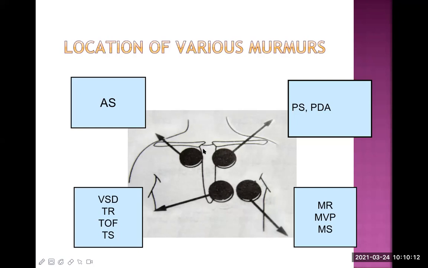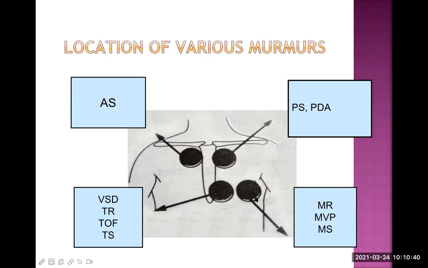The aortic area and pulmonary area are on the second intercostal space, on the left or the right. The pulmonary area is on the left of the sternum and the aortic area is on the right of the sternum, on the second intercostal space. Never forget it.